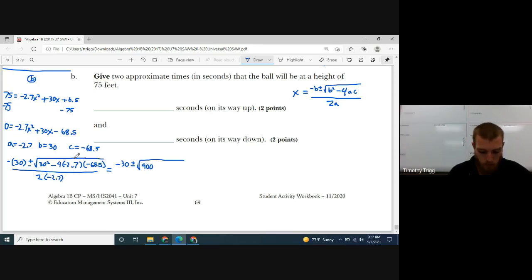So that's going to be negative 739.8. Over 2 times negative 2.7. That's going to be negative 5.4.